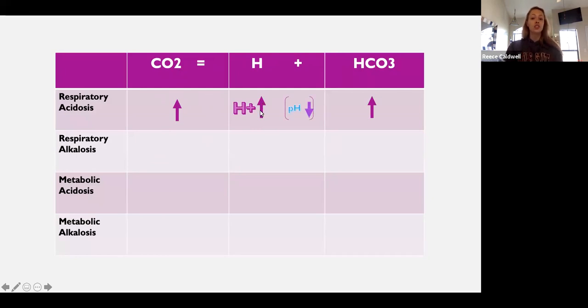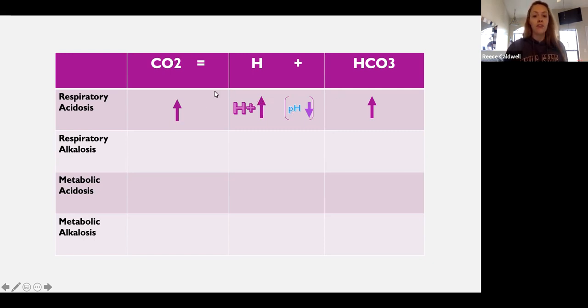And again, hydrogen ions and pH are inverse of each other. So make sure you know that relationship, because Dr. Chang could ask you about pH, or he could ask you about hydrogen ion accumulation. So just make sure you're using hydrogen ion concentration as an indicator of pH.